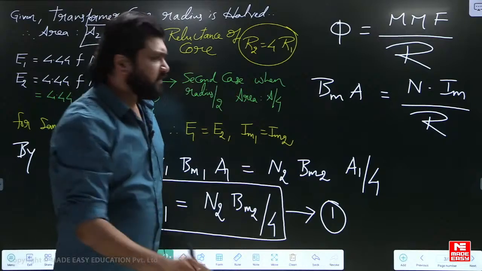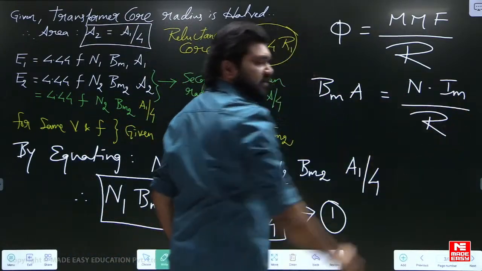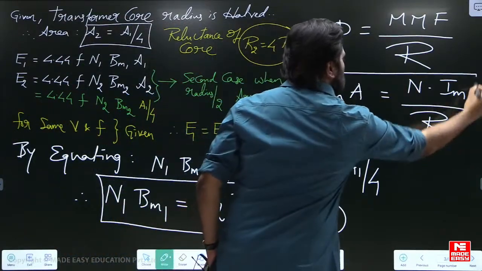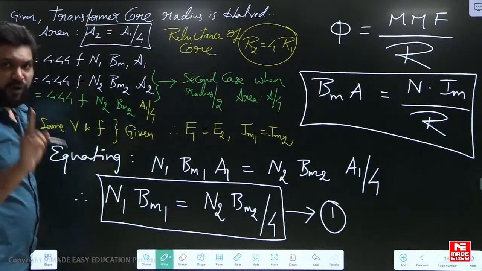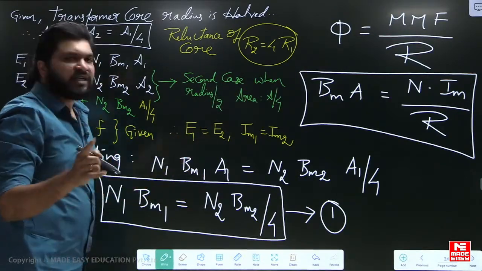In the first case, BM1 A1, N1 IM1 R1. In the second case, 2. And by substituting, you will get one more equation. By solving those two equations, finally you will get what is asked in the question.